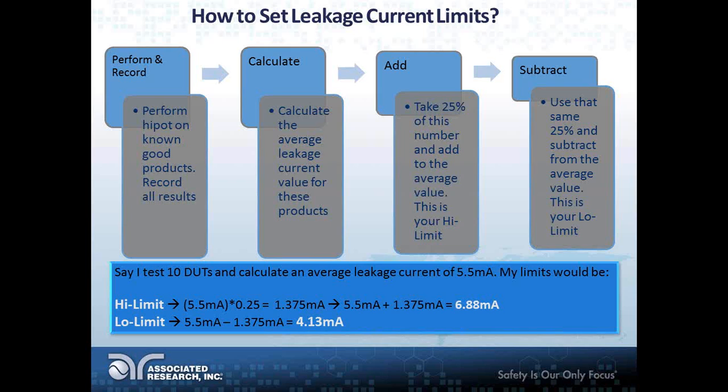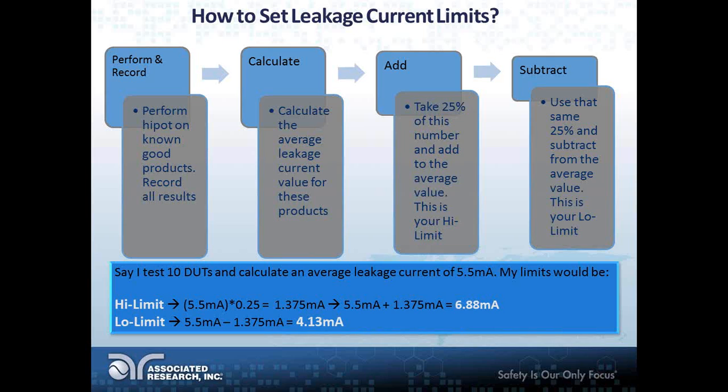So for a real world example based on the method that we just talked about, say that we have 10 DUTs and we calculate an average leakage current of 5.5 milliamps. How would I set my limits? My high limit would be 5.5 milliamps times 0.25, which is 25% of 5.5, and the result we just add to the 5.5 milliamps.